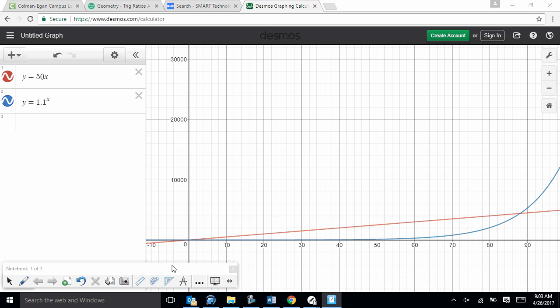Is 50 times x always greater than 1.1 to the x? No. They're crossing way out here, right? We have an intersection, so they don't. 50 times x is greater until we get to 88. And then what happens after that point? Now our exponential function is greater.